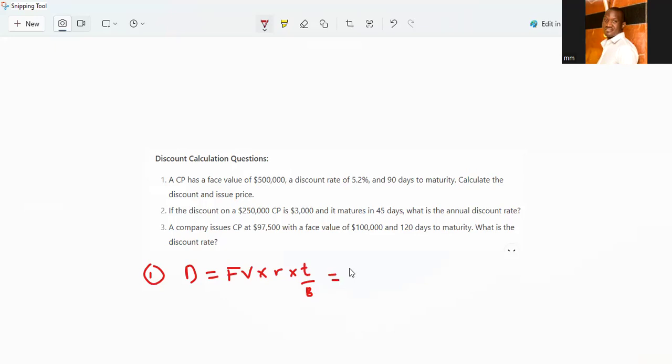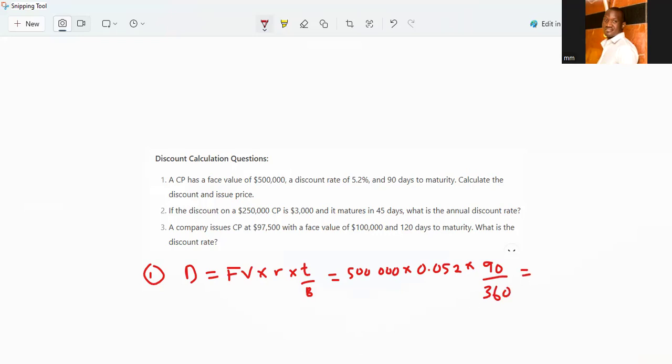So our face value is what? 500,000. Our discount rate here is what? 5.2%. And our time to maturity is what? 90 over the base year's number of days, 360.